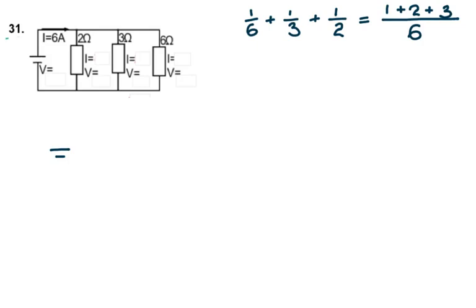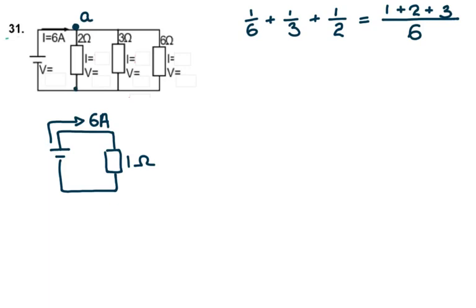So I can redraw the whole circuit as a 1 ohm resistor, and I have the current that they tell me is 6 amps. Let's call this point A and this point B. Here I have point A and point B, and I replaced all the resistors with just one equivalent resistor, 1 ohm.